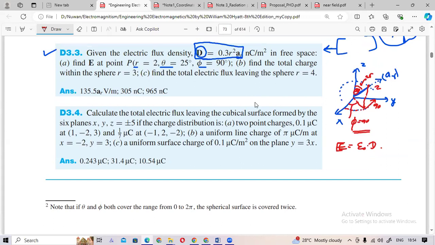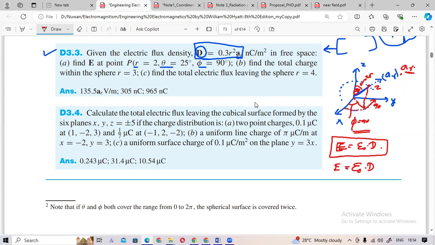So this E is also in the AR direction. No need to do any integration. You can just find this E using this relation, and E is also in the R direction.